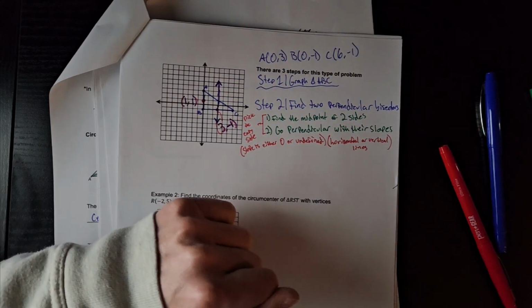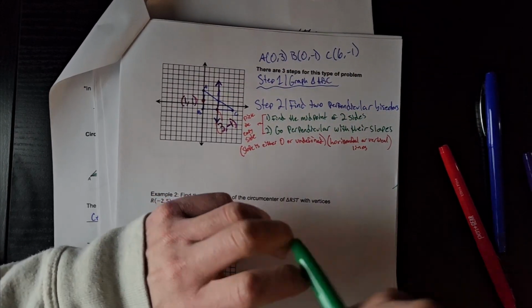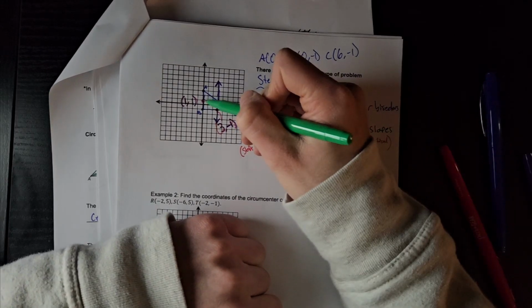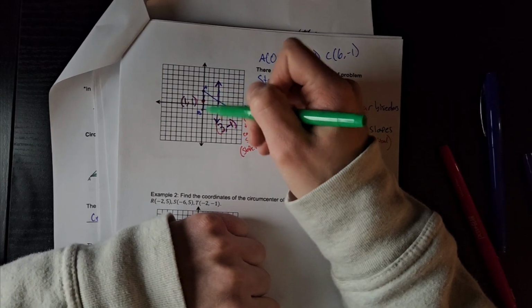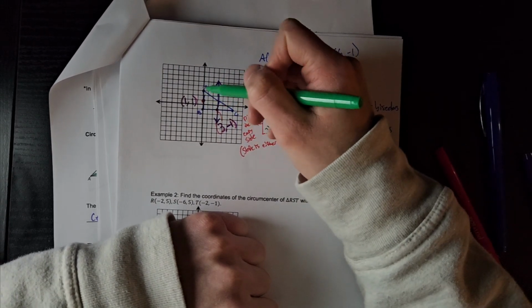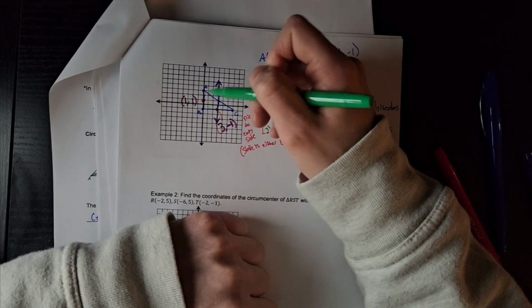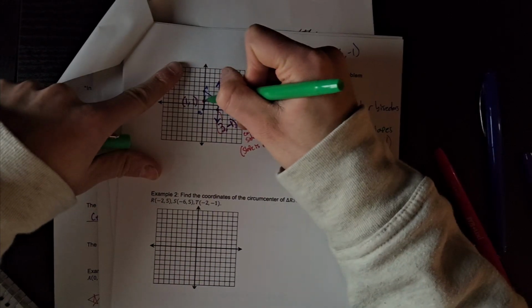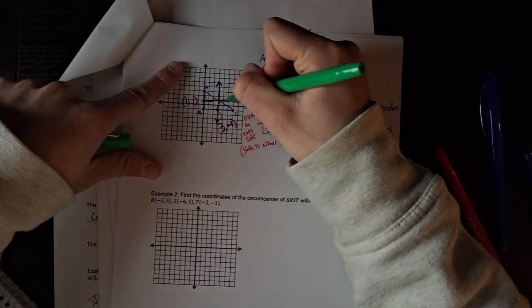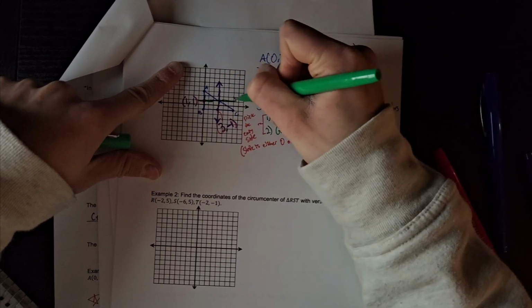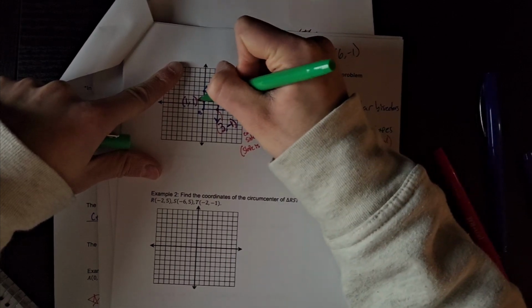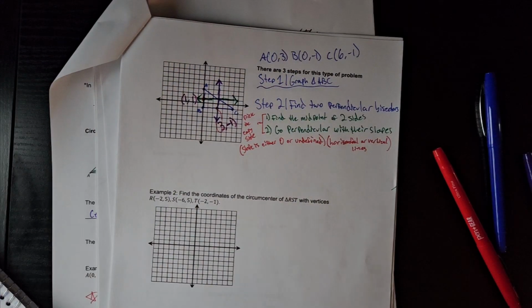And for the vertical AB line, with 1, 1, go horizontal with it. There we go, we got our perpendicular slopes now.